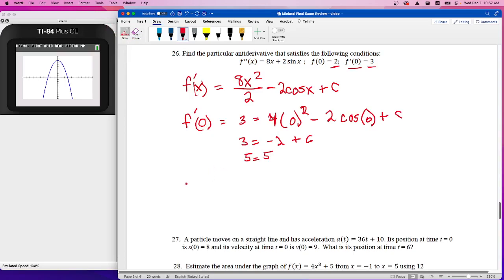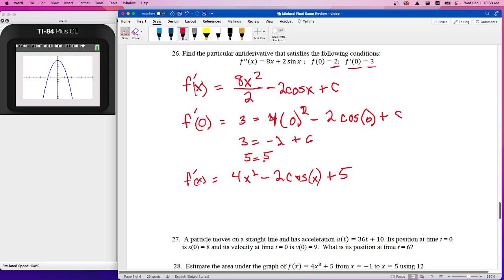It means that our actual, the specific first antiderivative, is going to be this function 4x squared minus 2 cosine x, not just plus c, but plus 5.